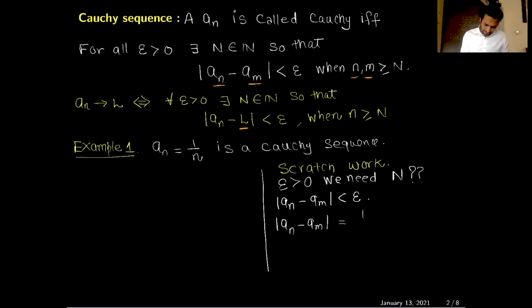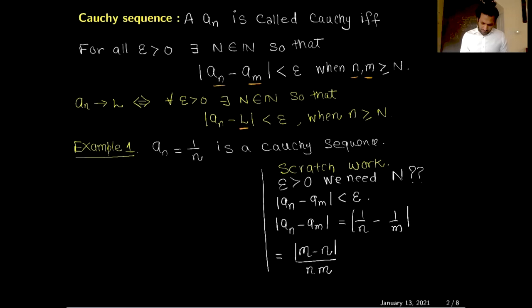This is simply the absolute value of 1 over n minus 1 over m. If I make the same denominator and simplify, this will be the absolute value of m minus n, divided by the absolute value of n times m. Since n and m are both natural numbers, they are positive, so I don't need the absolute value around n multiplied by m.